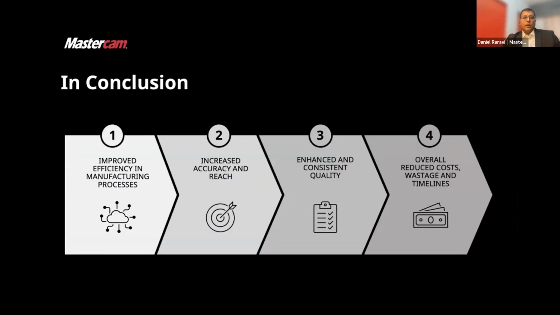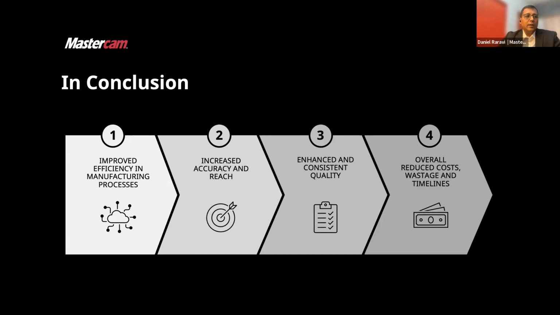Finally, in conclusion, CAM for advanced manufacturing gives major benefits. One is improved efficiency in the overall manufacturing process. We find a better accuracy and reach in terms of parts that you could not do earlier versus what you can do now, such as the adaptive example that we saw. Enhanced consistency in quality.